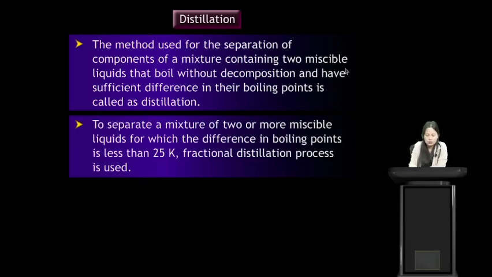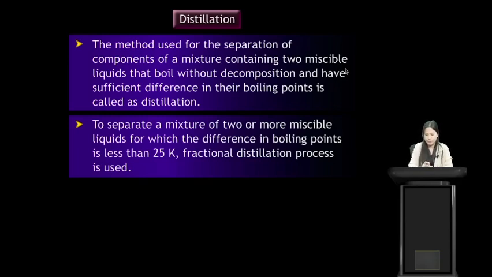To separate a mixture of two or more miscible liquids for which the difference in boiling point is less than 25 K, fractional distillation is used. If the boiling point difference is less than 25 K, then we cannot use the simple distillation method, so we have to use the fractional distillation process.